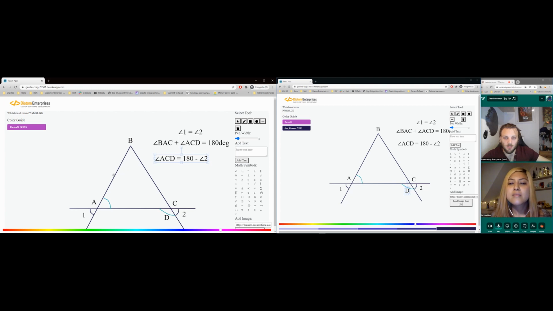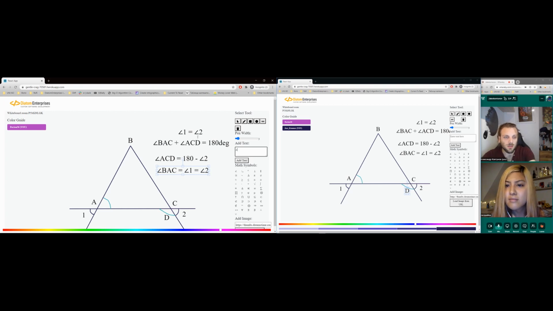And then we also know that angle BAC is equal to angle 1. That is also equal to angle 2. In this case, we can put that angle 2 is equal to angle BAC.